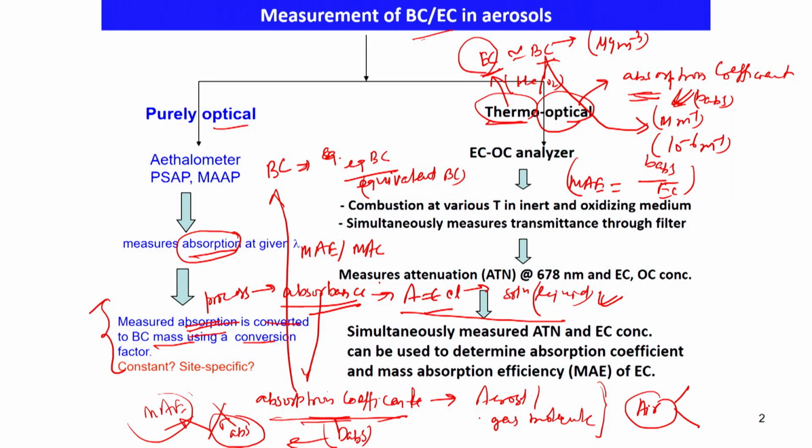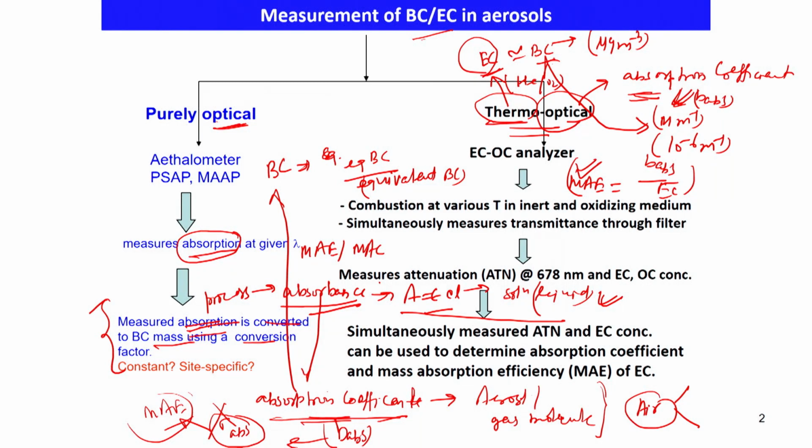Which method is superior or inferior, I am not going to discuss here, but this method can directly provide you the measurement of mass absorption efficiency as well, along with concentration of EC and OC, whereas black carbon measurement using the optical method only relies on the absorption measurement, and then it tries to convert how much absorption is because of black carbon.